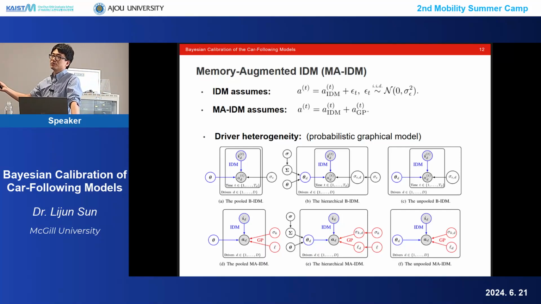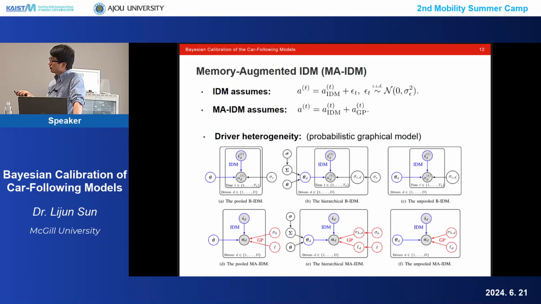So if we simply put this data set into an individual-based calibration, for example, if I simply take one pair of vehicles into the calibration framework, sometimes I will be overfitting, because if the driver did nothing, just drove at constant speed over the 30 seconds, then no matter what model you have, I only have one type of information. So even if my model only has 5 parameters, I couldn't calibrate that.